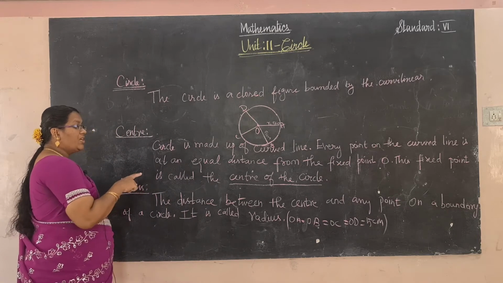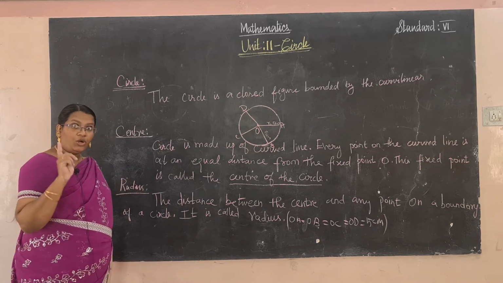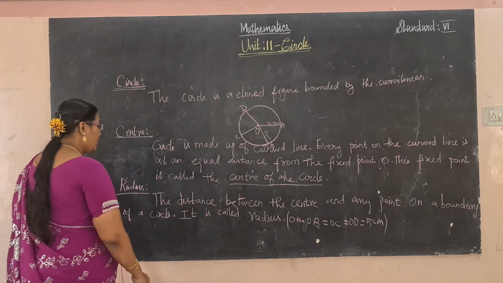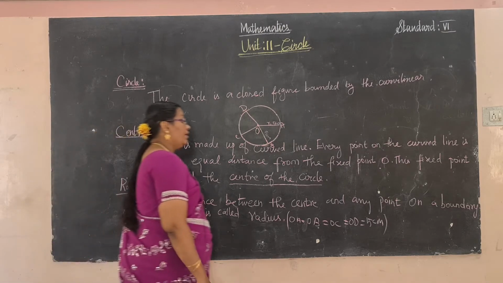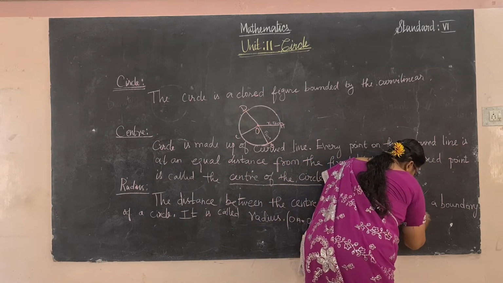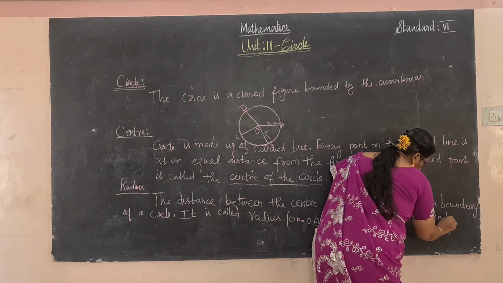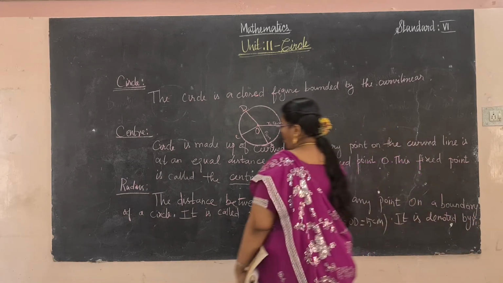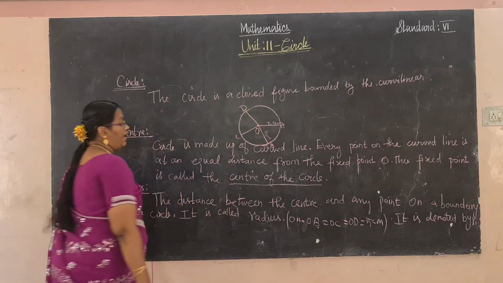The distance between the center and any point on the boundary of the circle is called the radius. It is denoted by R.